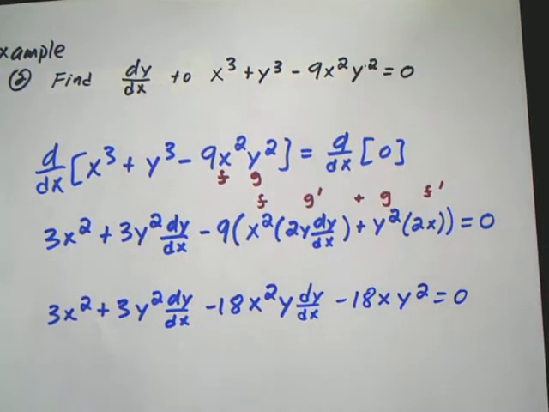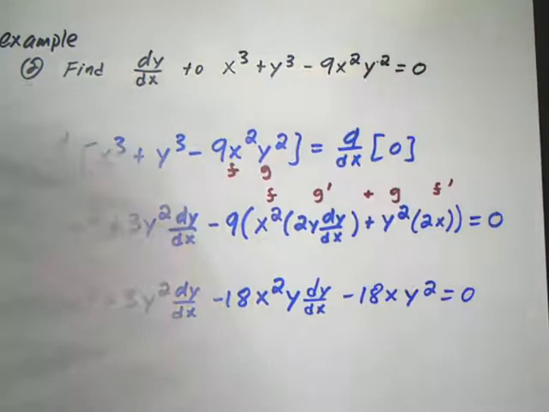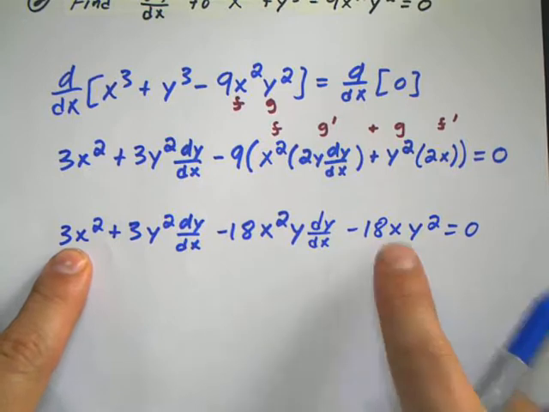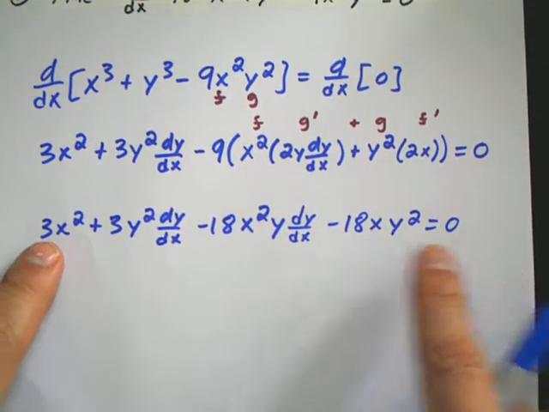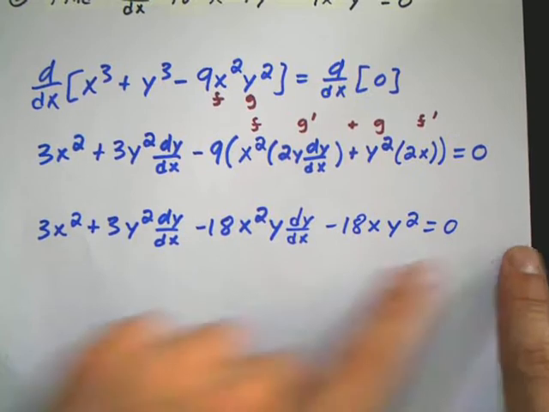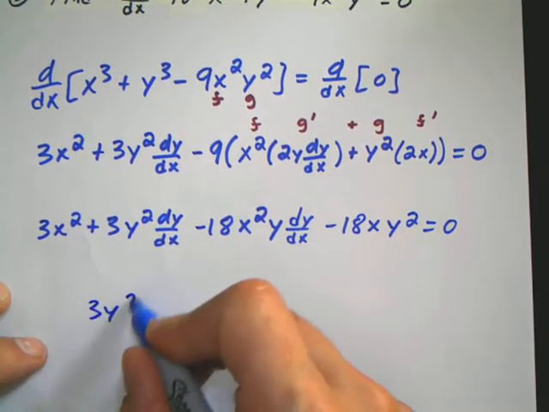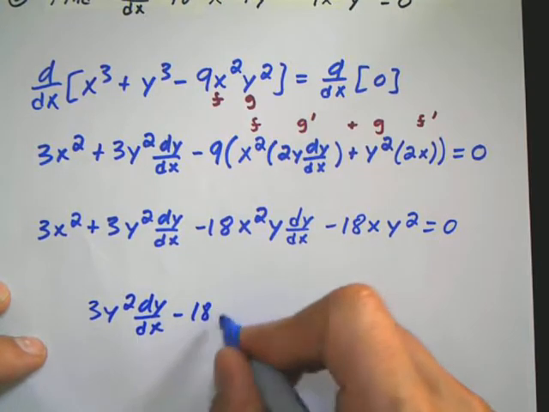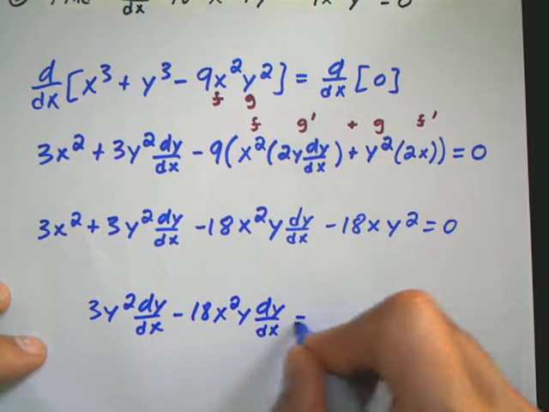And next step is to collect all the dy dx terms on one side. This doesn't have a dy dx term, this doesn't have a dy dx term. So it's just going to be moved over to the other side, and so it's going to be 3y squared dy dx minus 18 x squared y dy dx equal to.